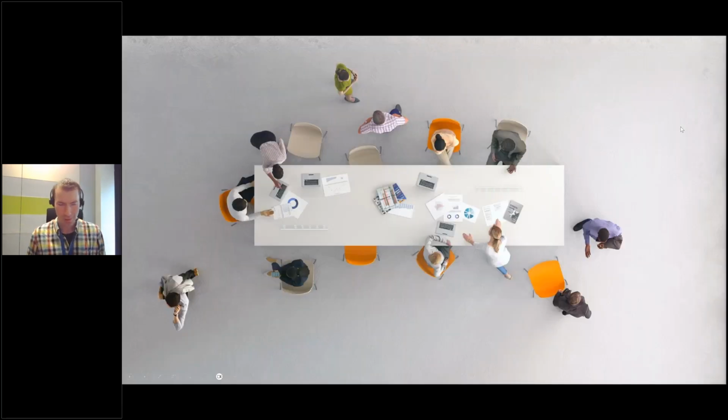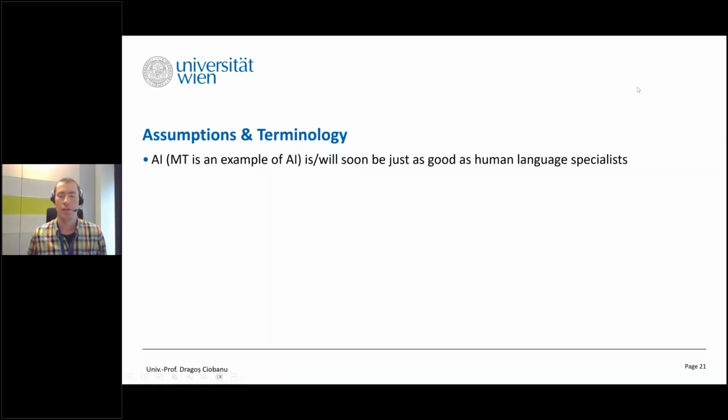So what's this discussion that keeps going on about machine translation still after so many years? Some of the reasons why there's so much interest, and there are 244 participants in this webinar, so there is interest, is, in my opinion, that we still have a number of assumptions and terminology problems.